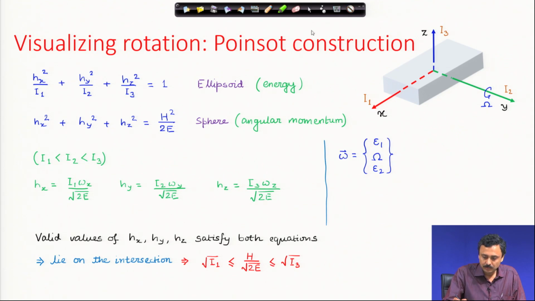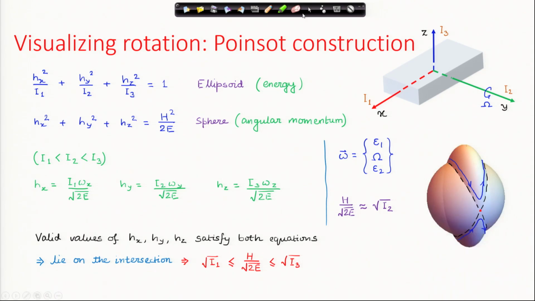If you now draw that energy ellipsoid and the angular momentum sphere and their intersection, this I have drawn for a very special value of the radius of the sphere, which is close to the intermediate semi axis. In that case, the intersection is like this. There are two curves, this is one curve and this is the other curve, and they are intersecting at this point.